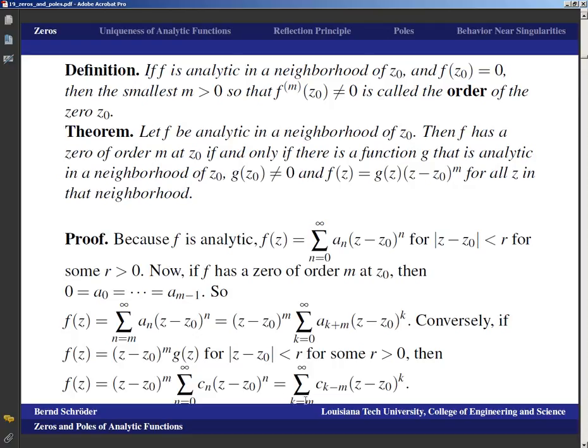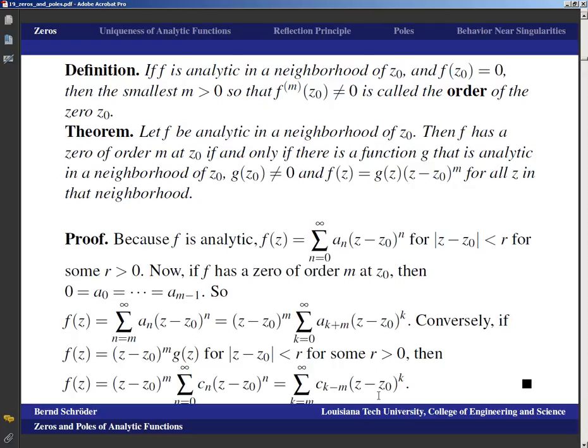And that's the sum k equals m to infinity c k minus m times z minus z0 to the k, because if I pull the z minus z0 to the m in here, I get n plus m, I set k equal to n plus m, and a similar transformation as what we did up here changes the sum to this form.